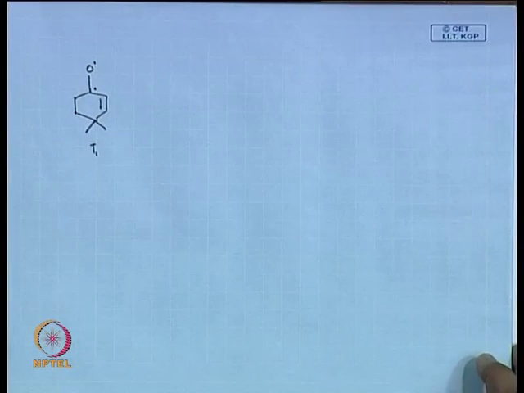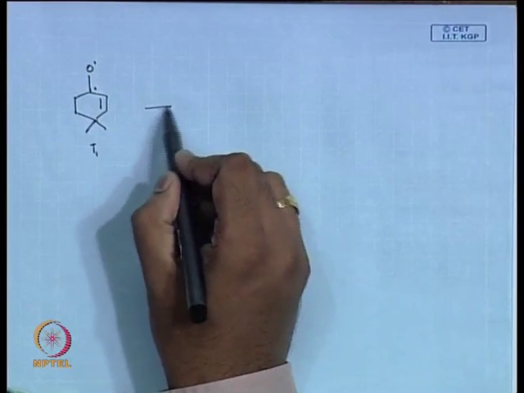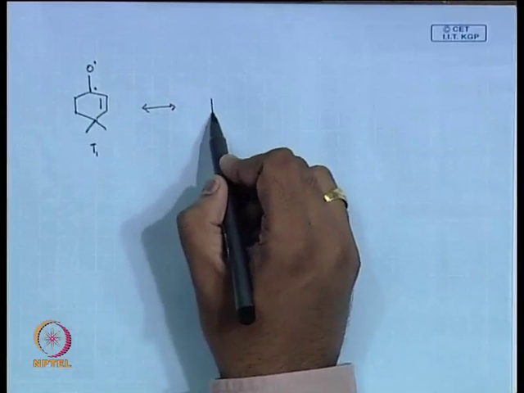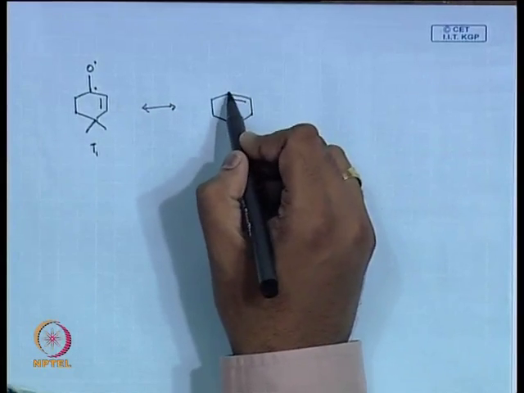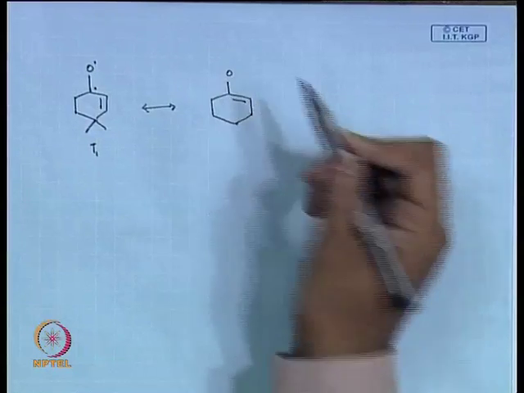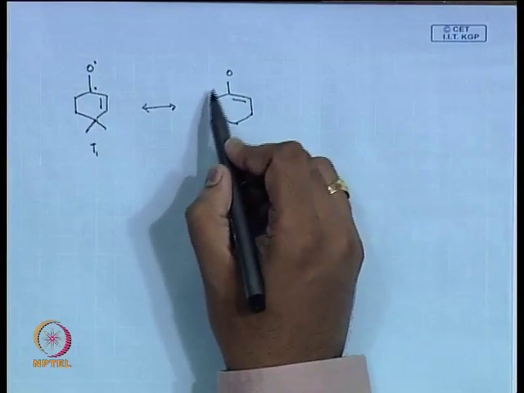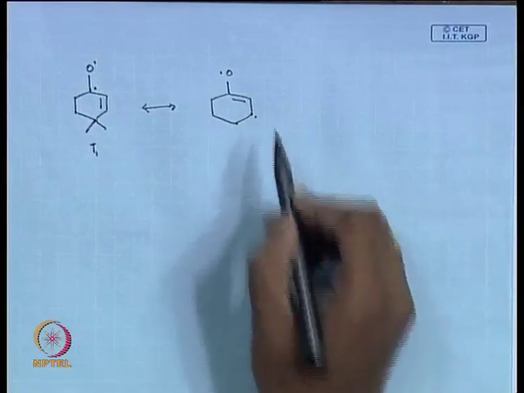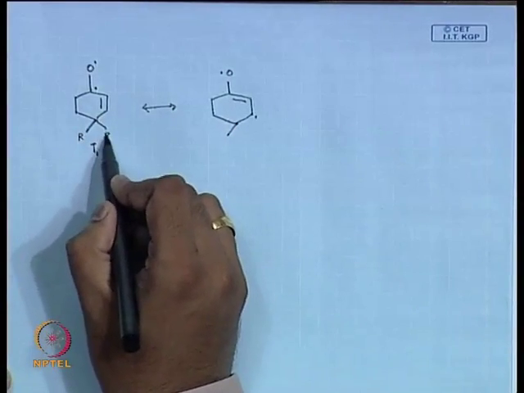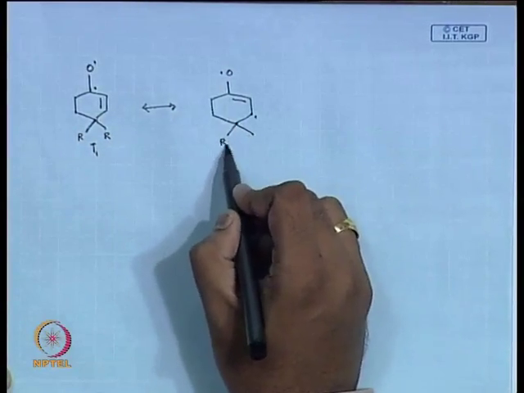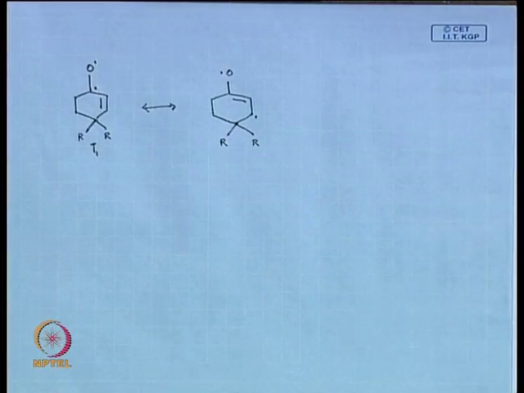Can I draw any similar structure, the stable form? Can I write it like this? Right, I can write it like this.